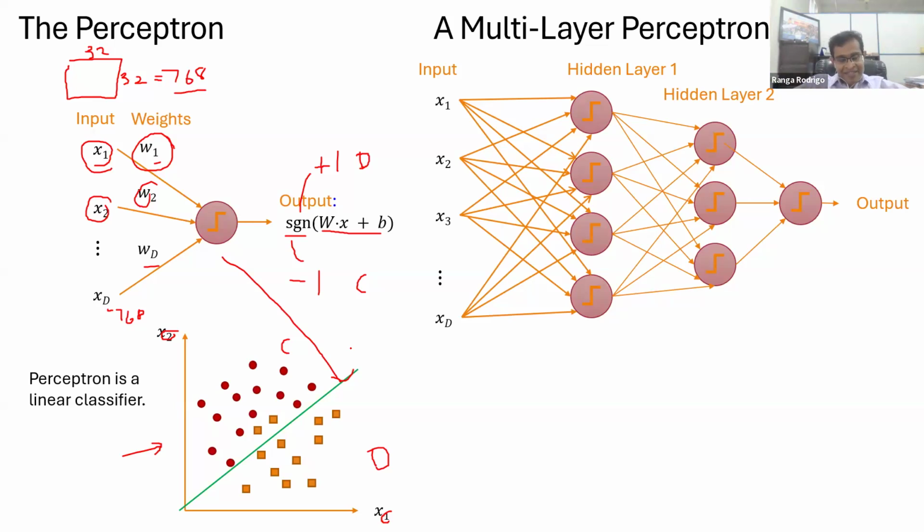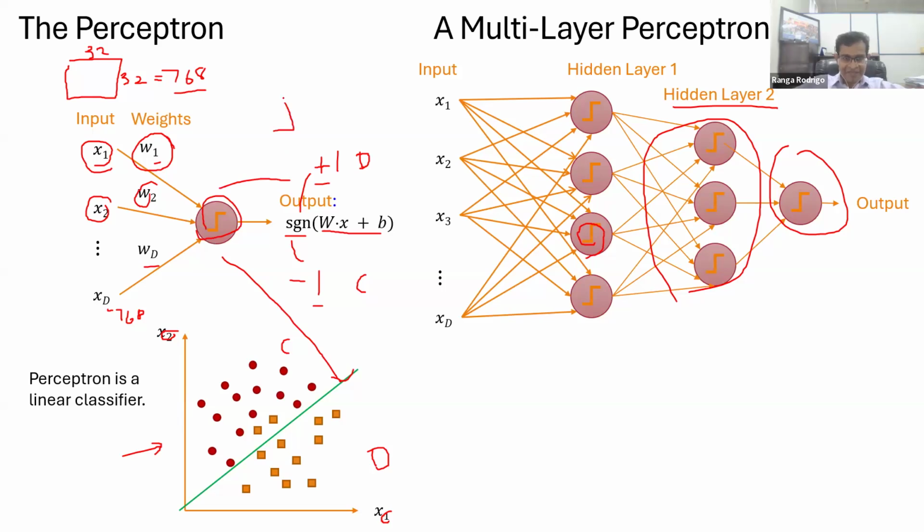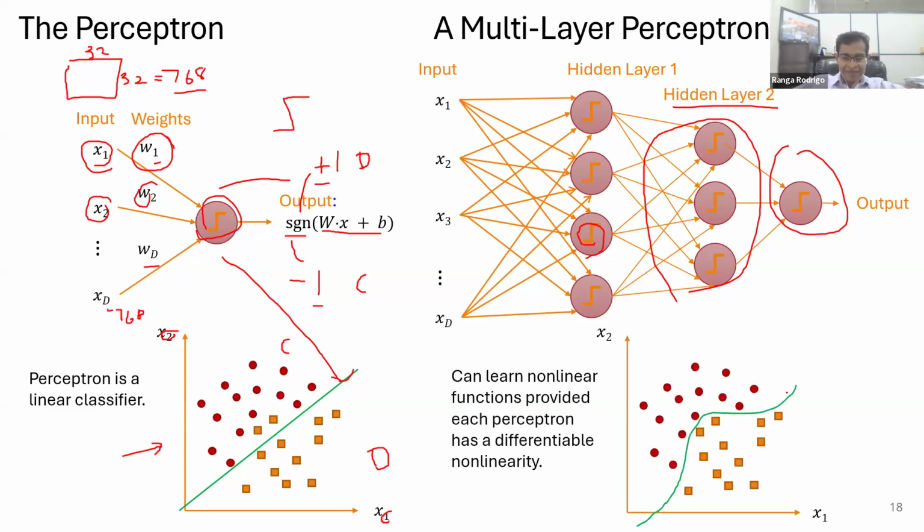When people realized this, they felt very bad. Oh my goodness, it's a linear classifier, totally useless. But fortunately, people found that by connecting more than one layer, so-called having a hidden layer, with so-called non-linearities, this plus or minus function, which I have shown by this little step symbol, you can get a non-linear separating surface.